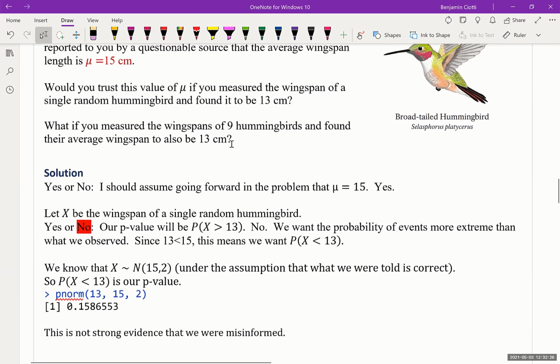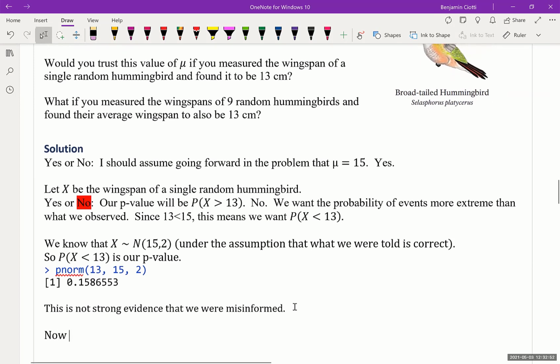So now let me address the second part of this hummingbird question, which is, suppose we now go and find 9 different random hummingbirds, and their average wingspan was also 13. So let's see how the analysis changes at this point.